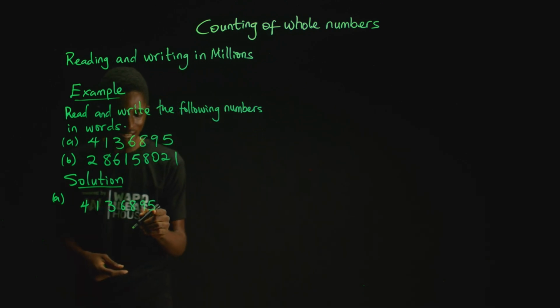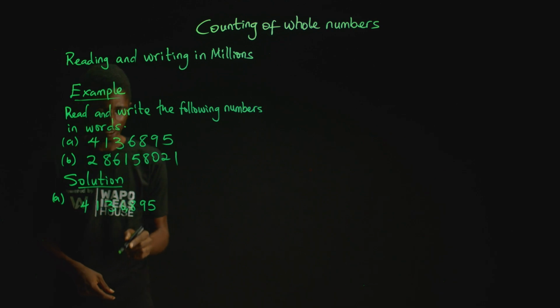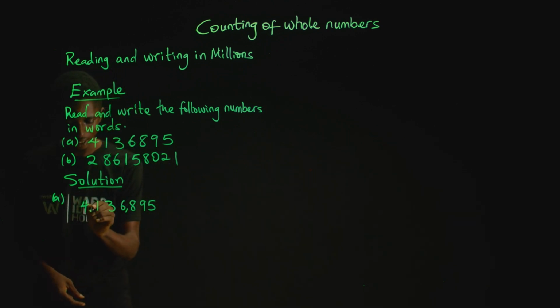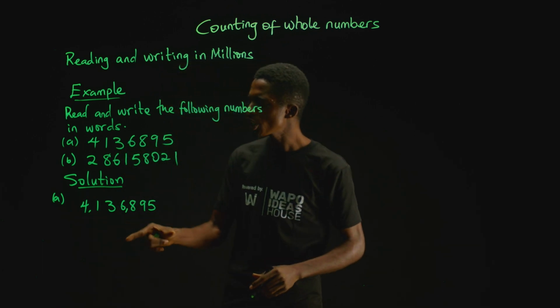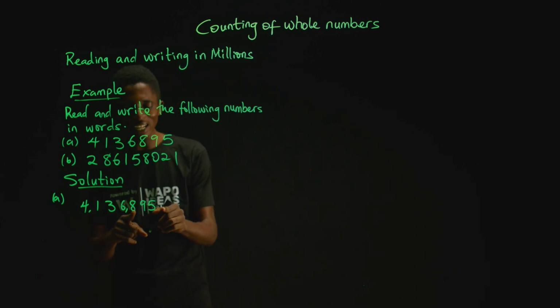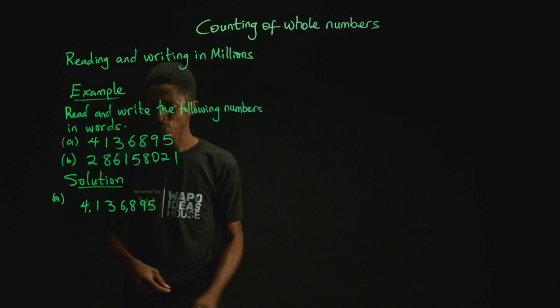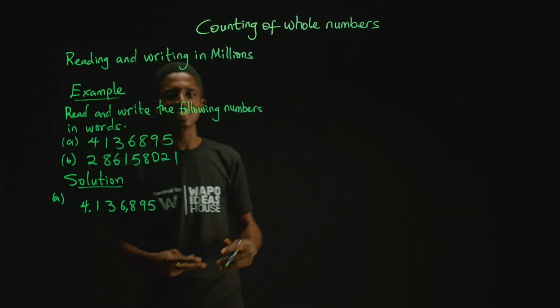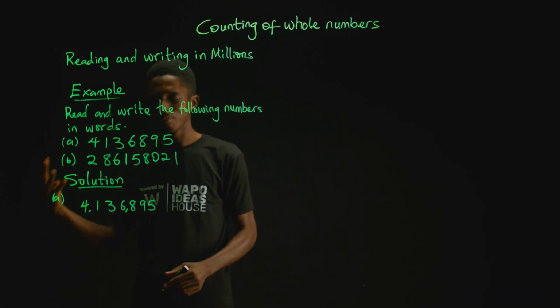So after the first three, you put a comma, then the next three, the next comma. This helps you to know which category in the place value they belong to. Remember that the first three falls under what we know as ones. The next three falls under the thousands, and then the next falls under million.